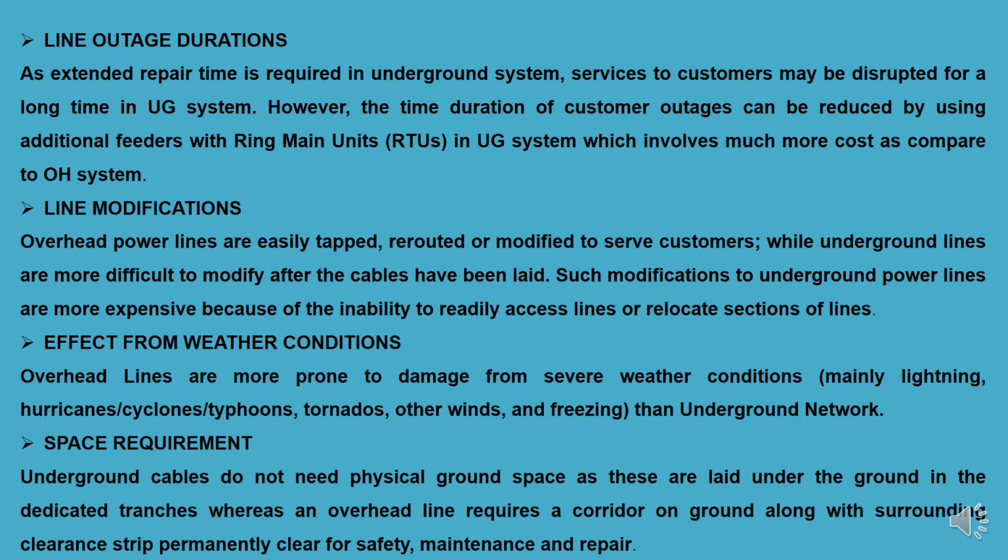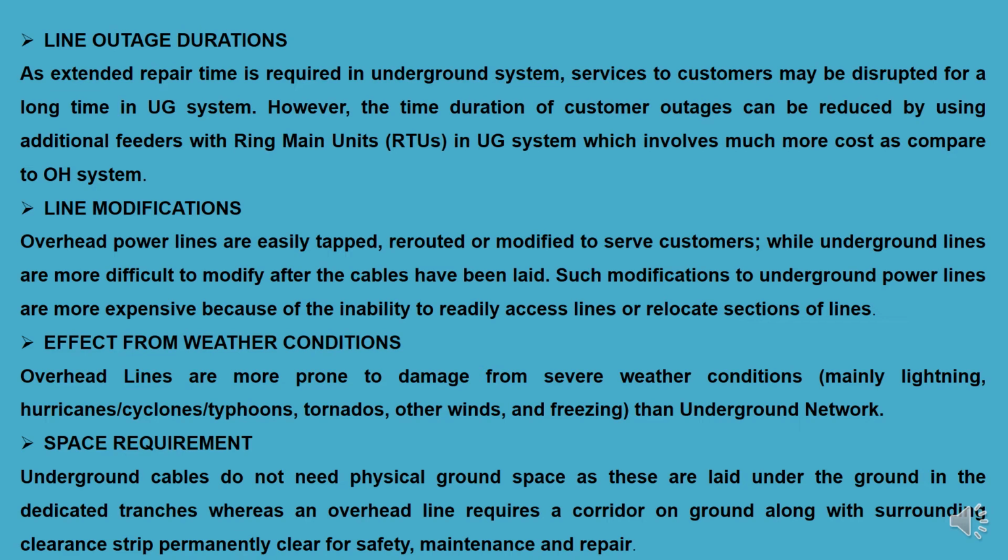Line modification. In case of overhead lines, they are easily tapped, rerouted or modified. If we want to change the lines, or supply the lines, or convert the lines from 11 kV to 33 kV, we can easily modify them, right?